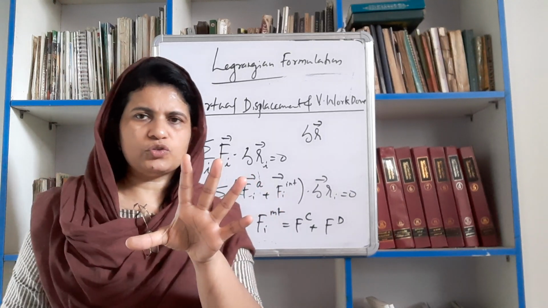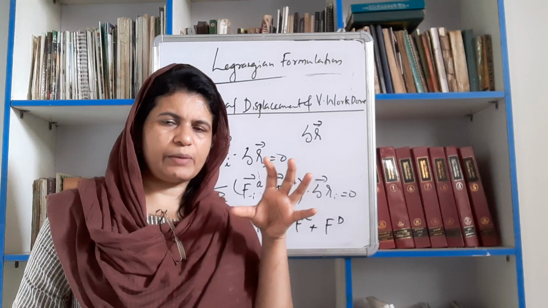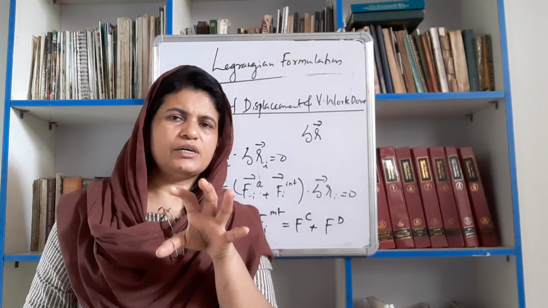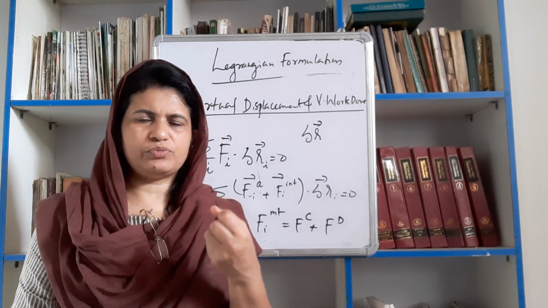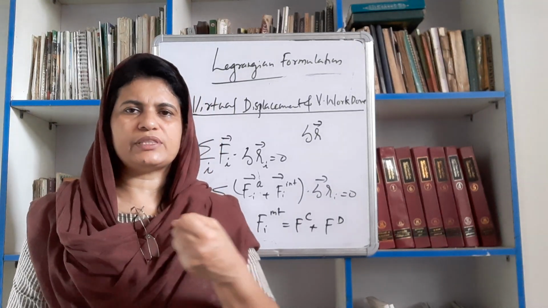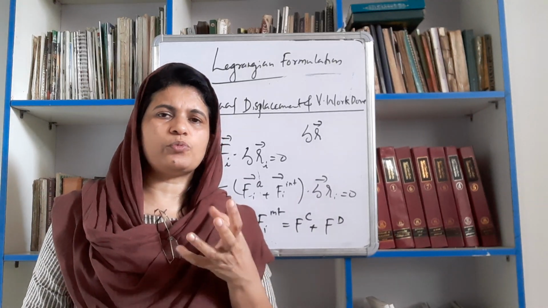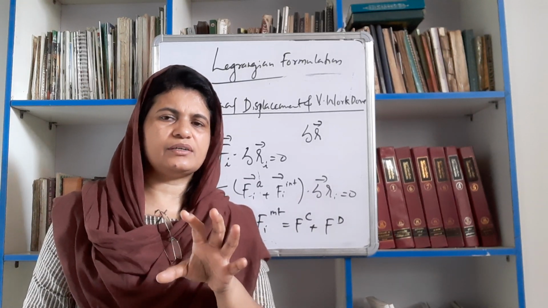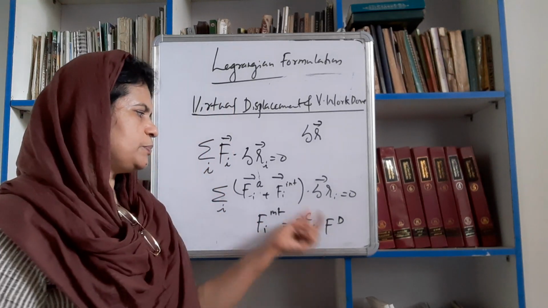When we are applying a force to a simple pendulum, there are two types of forces internally. One is the constraint force, that is, the body is restricted to move along the xy direction. Another is an opposing force, the viscous force, the air friction, which is called the dissipative force.